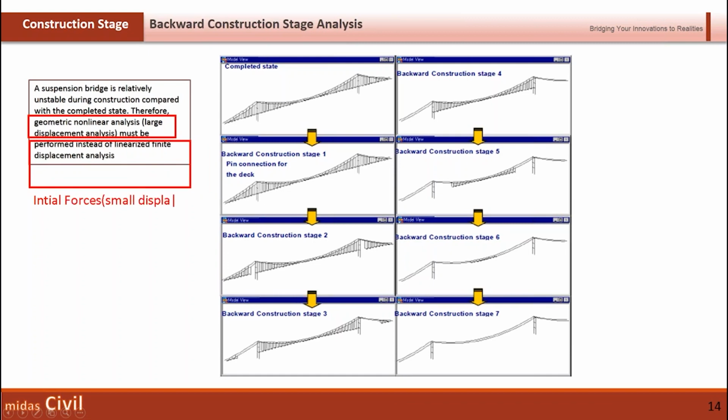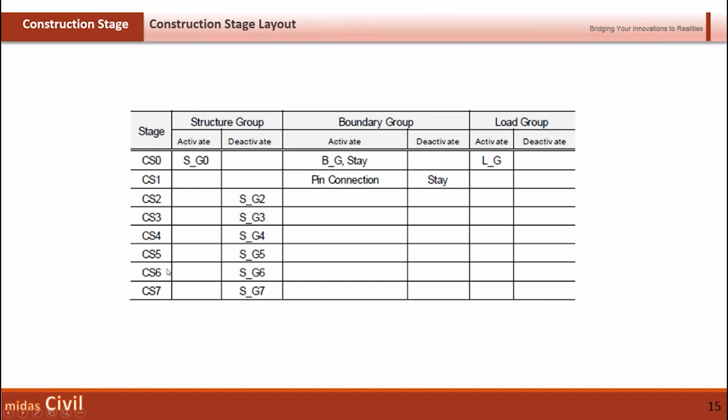That will be totally disregarded in this case. It won't be used for any load cases that have been defined in construction stage. The only initial forces that are defined for large displacements will be used. So this is the way the construction stage is being staged out.